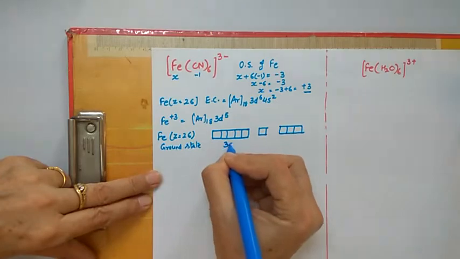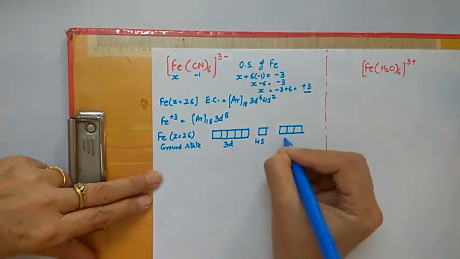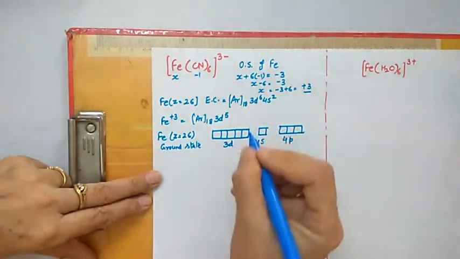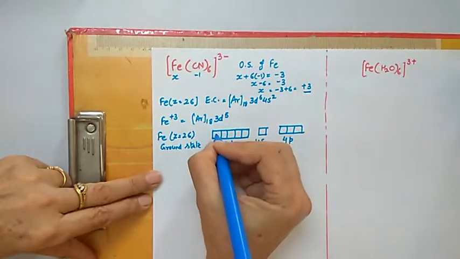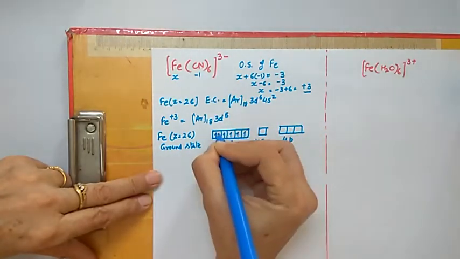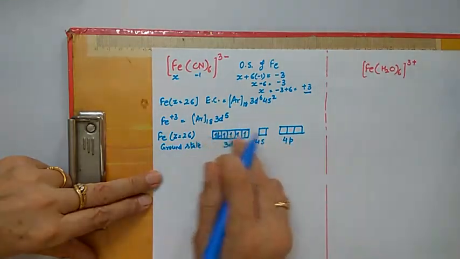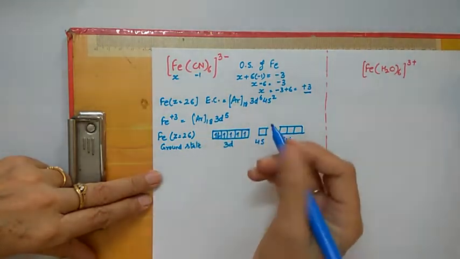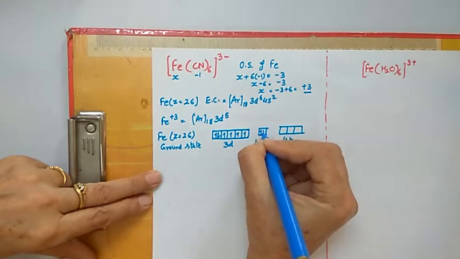This is 3d, this is 4s, this is 4p. So in the ground state, what is the configuration? 3d6: 1, 2, 3, 4, 5, then pairing takes place. First all the orbitals get singly filled. Then 4s2.